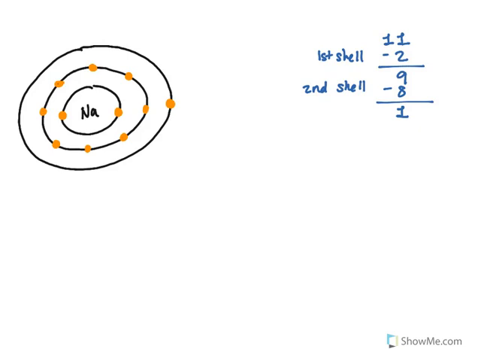And since that is the outermost shell of my atom, the shell that's located the furthest from the nucleus, it holds what is known as a valence electron. Those are electrons found in the outermost shell.